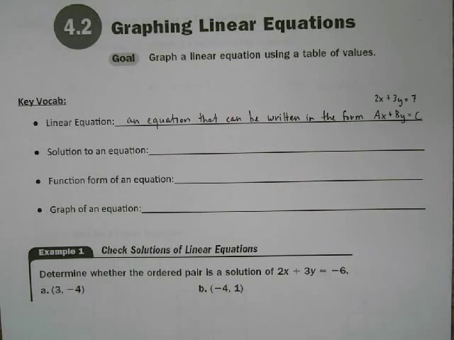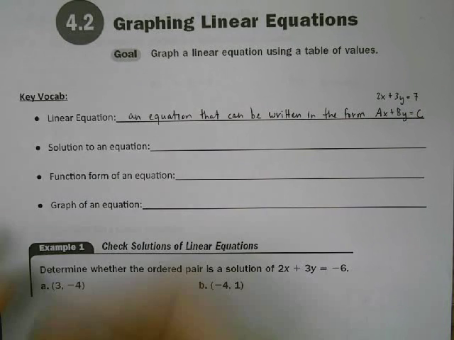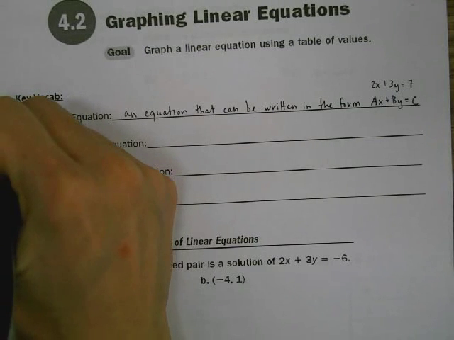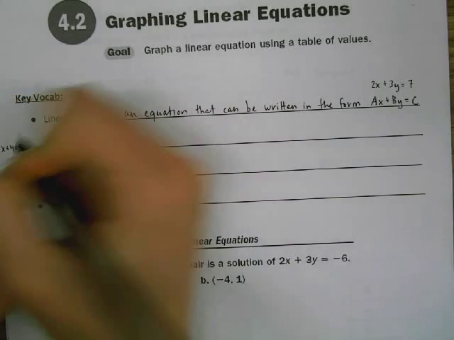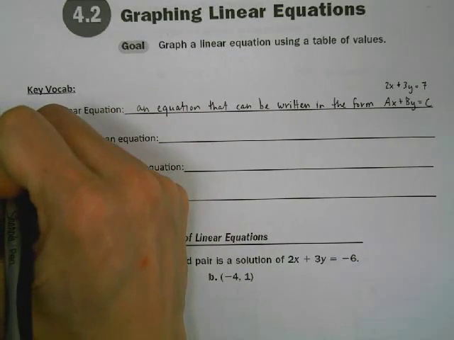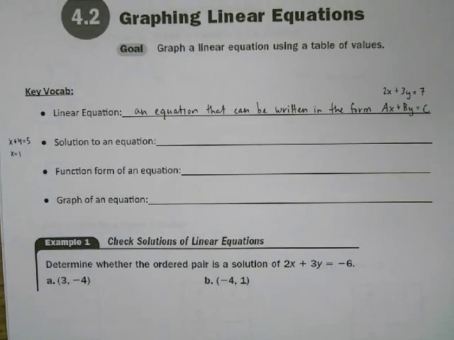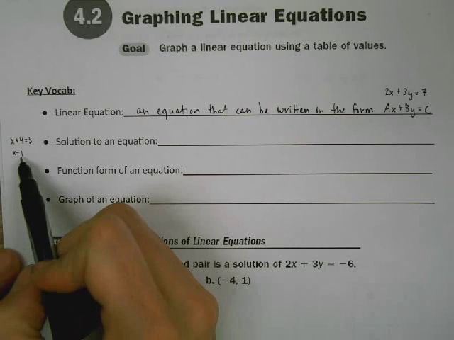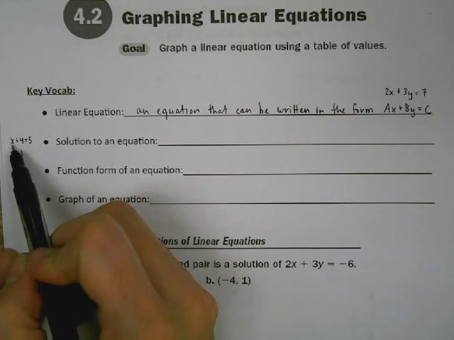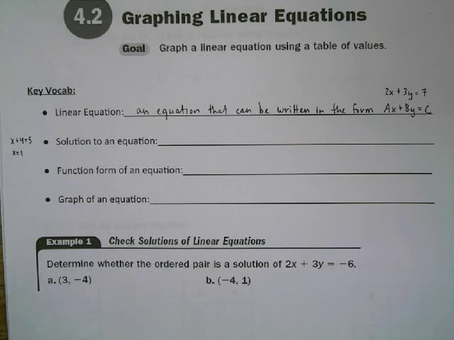Now for solutions to an equation, this is hopefully familiar. We did this back in chapters 2 and 3 when we were solving equations like x plus 4 equals 5, and a question might have asked us to check if x equals 1 was a solution to that equation. Back then, we would have plugged that in for x to get 1 plus 4, and since 5 is equal to 5, we knew that was a solution.